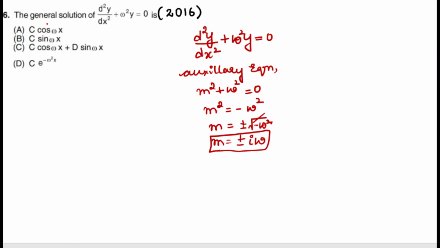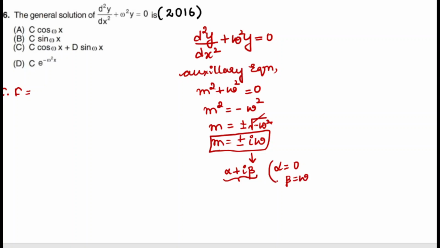Now the general solution for the given equation is nothing but the complementary function. The complementary function for imaginary roots, that is alpha plus i beta, instead of alpha, here we have a 0. On comparing both the equations, instead of alpha we have 0 and instead of beta we have omega.